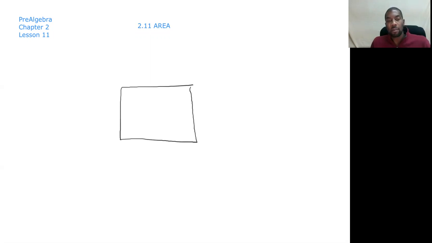Well, let's say, for example, that we are talking about this square here. Now, I know my drawings aren't as straight as they could be, but it's this square here, right? And let's imagine that this square is a garden.